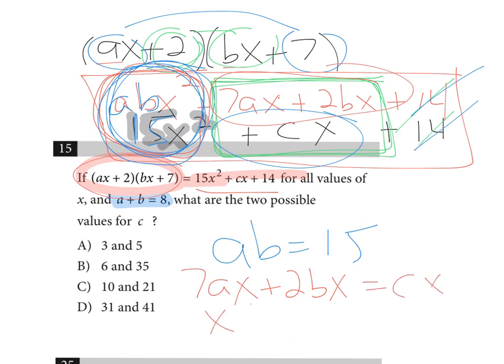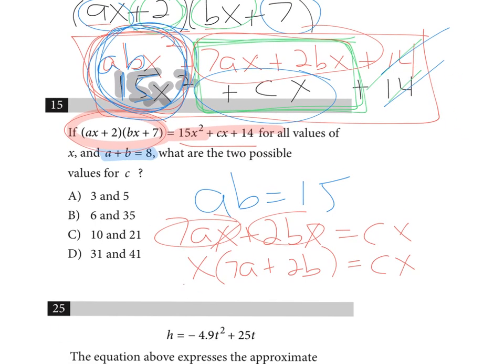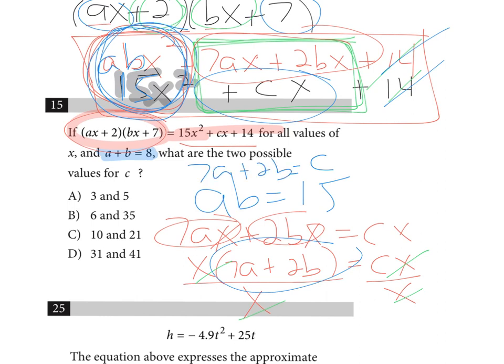If I factor out an x from the left-hand side, I have x times 7a gives me 7ax, and then x times 2b, that equals c times x. And if I divide both sides by x, the x's cancel, so I get c equals 7a plus 2b. Let's look at these two expressions now.